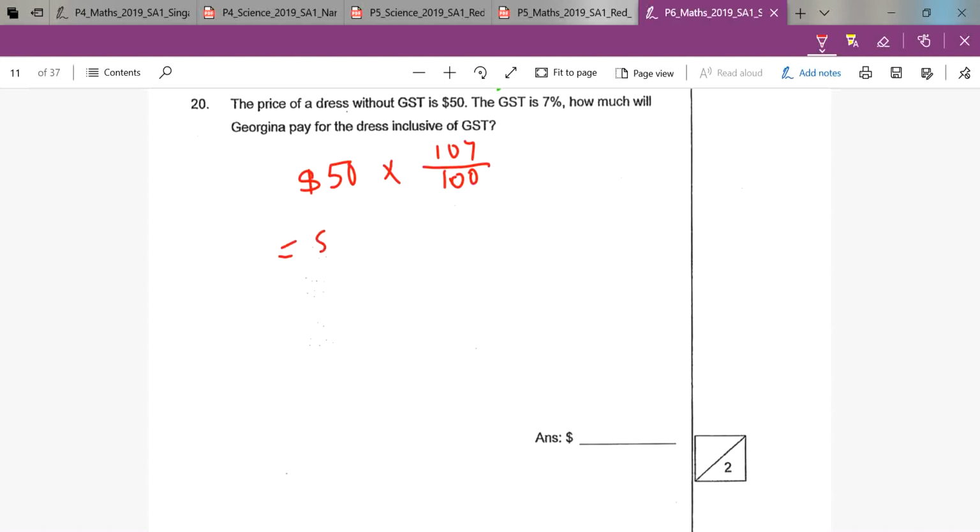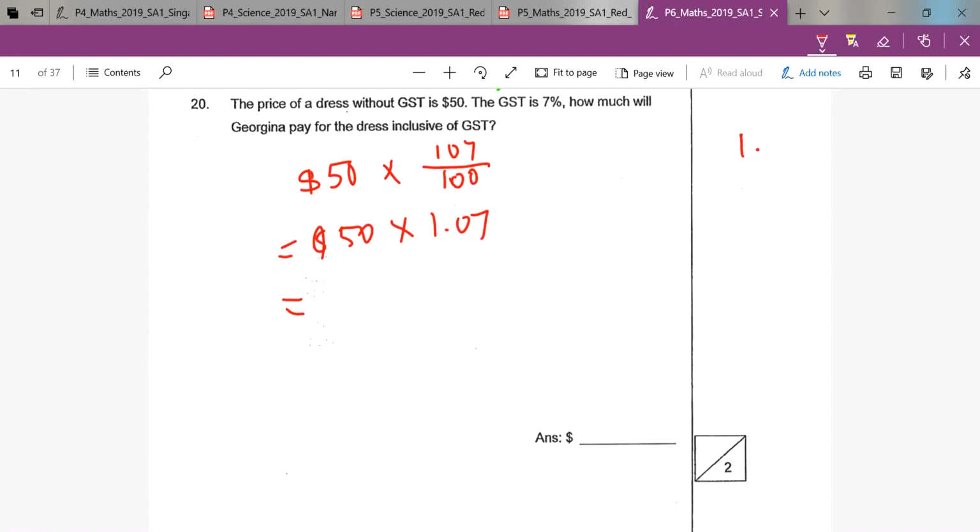So this is just going to be 50 times 1.07. For decimals, usually when you multiply, you don't put in the decimal yet. You add in the dot later on.